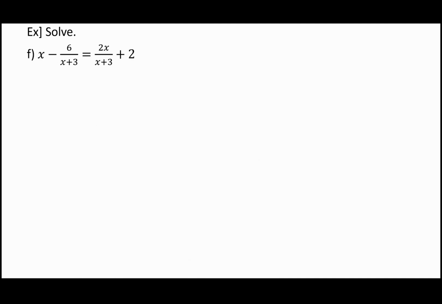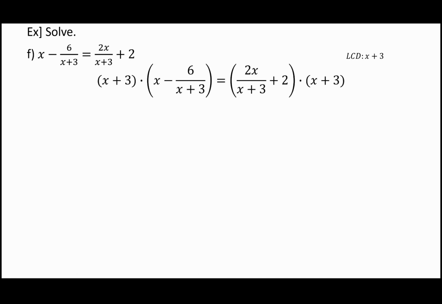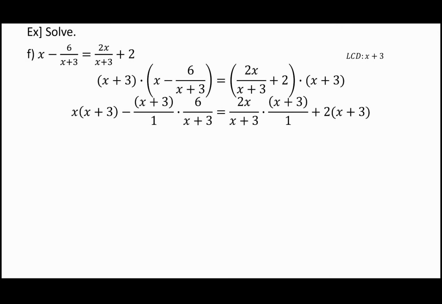Okay, let's do another example here. The LCD is relatively simple because the denominators that are present are both the same. So we're going to multiply both sides by that LCD, distribute through. I opted for not doing the over 1 necessarily for this initial step because there's just as many instances of needing it versus not needing it.